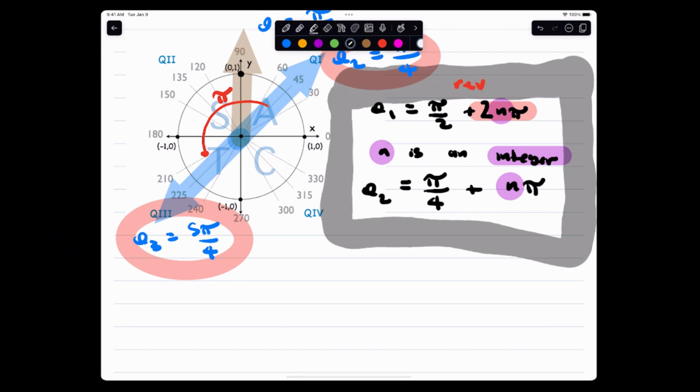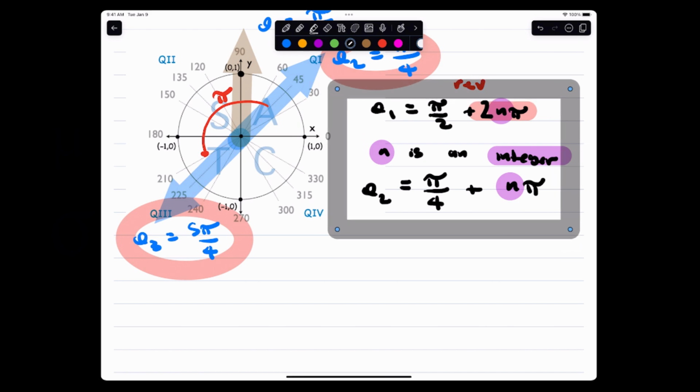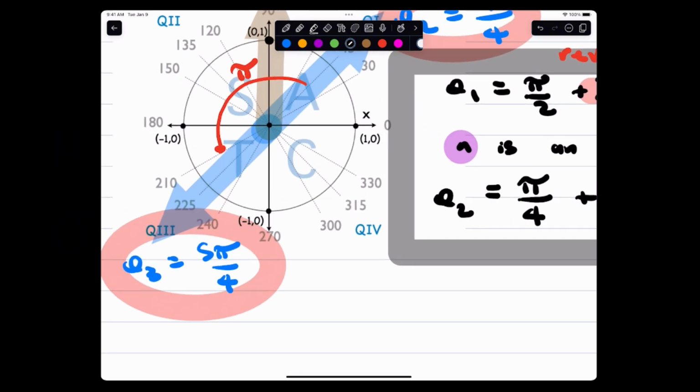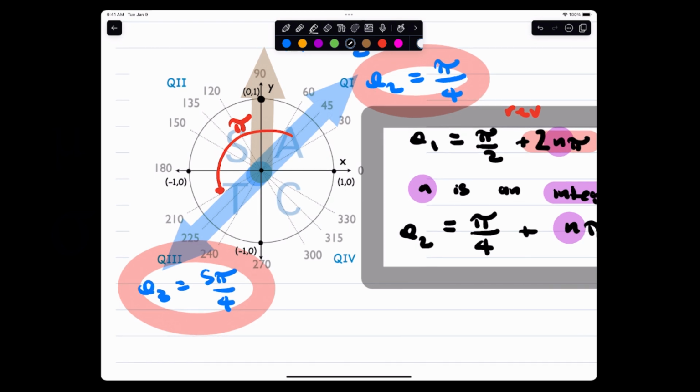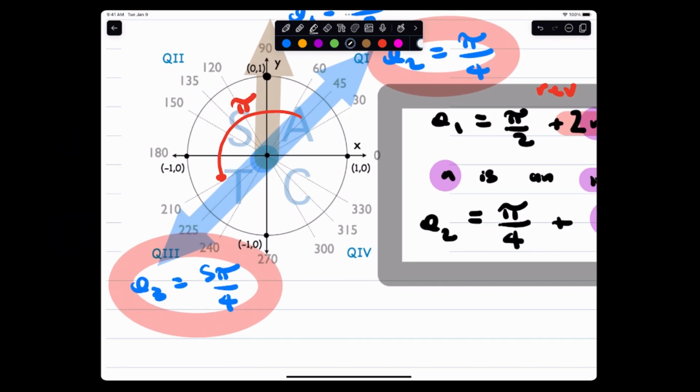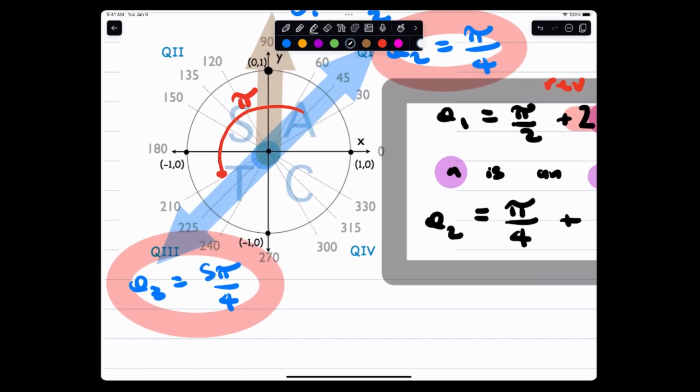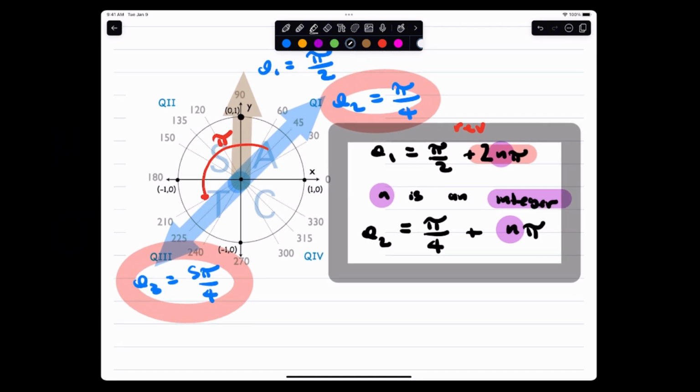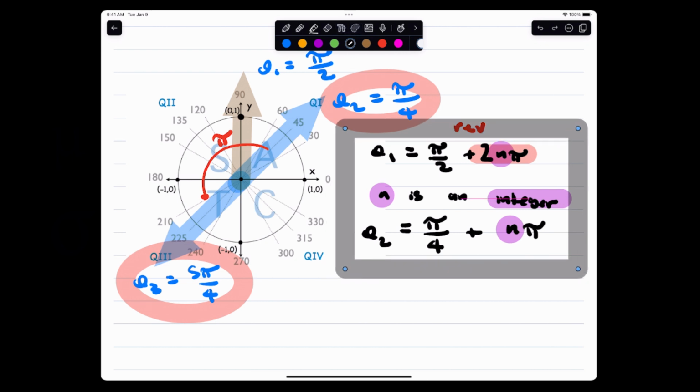Because now I don't have to go to the third angle. I get the third angle free of charge. It'll be pi over 4, and then if I change my n value, I'll get 5 pi over 4. This is getting the general solution here. But I want to emphasize, if you have opposite quadrants, meaning directly opposite, if you look in the back of the book, this is going to be pi.